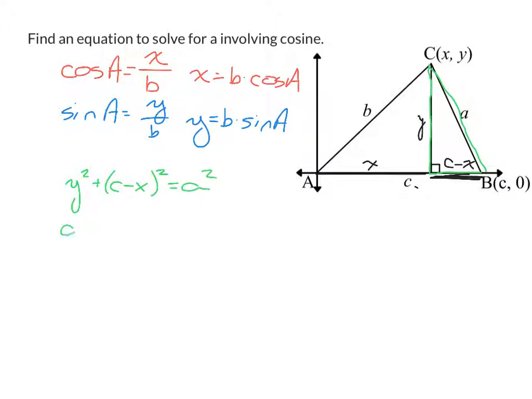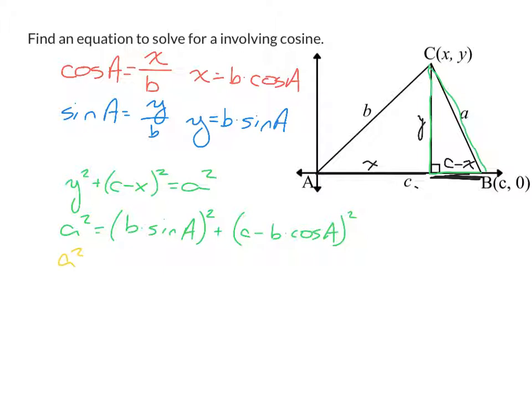Okay, and so I'll put a squared first equals, and then y squared, and instead of y, I'll put in b times sine of A quantity squared plus, and then I'll do c minus x, so c minus, and then x is b times cosine of A squared. And I'm just going to go ahead and clean this up.